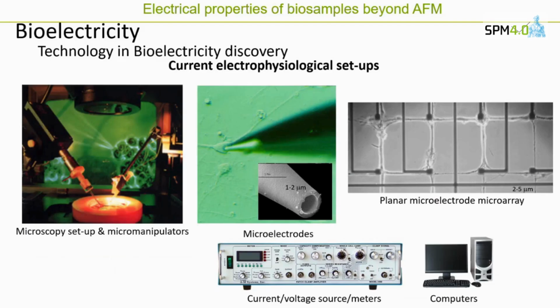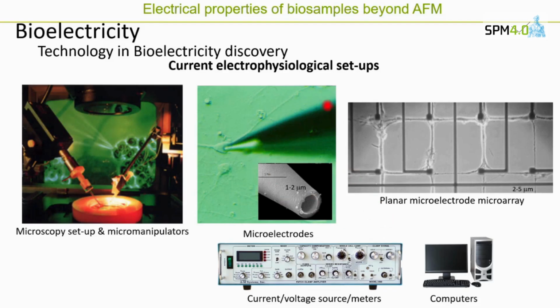So what is the setup nowadays that is used to measure electrical properties in cells, beyond AFM? Well, the gold standard, if you want to measure active properties, is a technique called patch clamp. Patch clamp uses a glass micropipette with a diameter of a few micrometers.